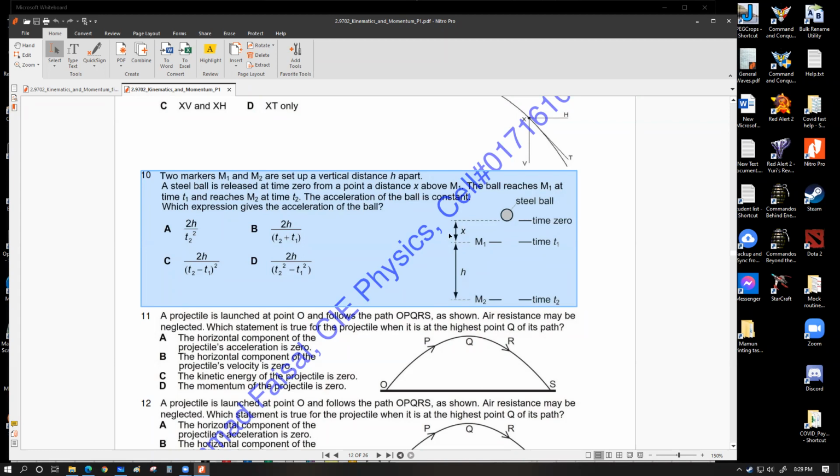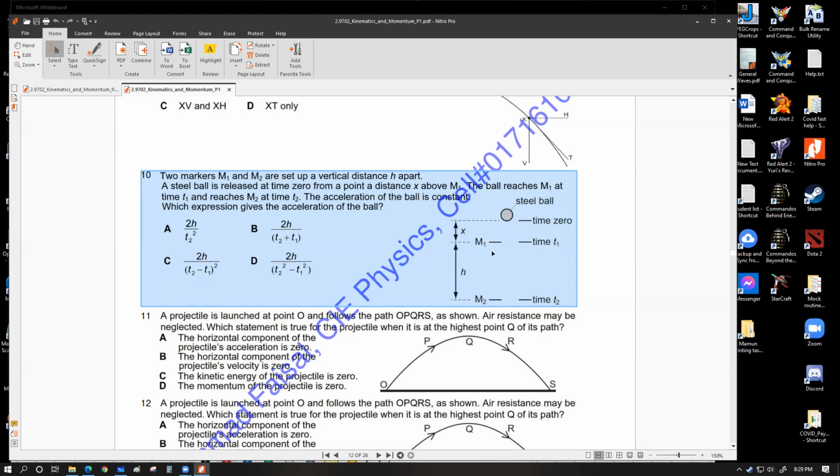You have to write one equation for the x height, and then you need to write one equation for the x plus h height. The first equation is going to be in terms of t1, the second equation in terms of t2. Initial velocity is 0, so you equate both of these equations, and you should get a good looking equation over here. The most common mistake students make for this question is that they don't read the question well.